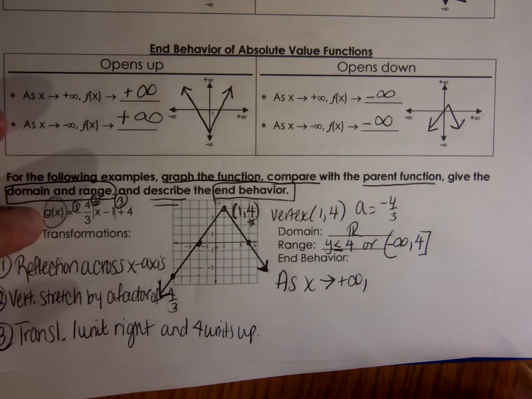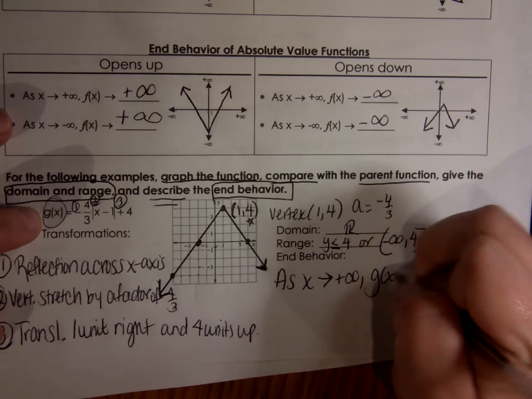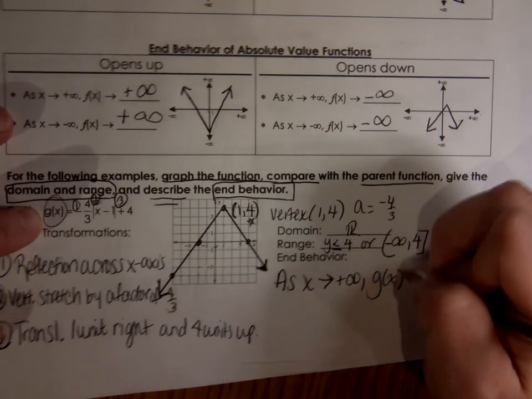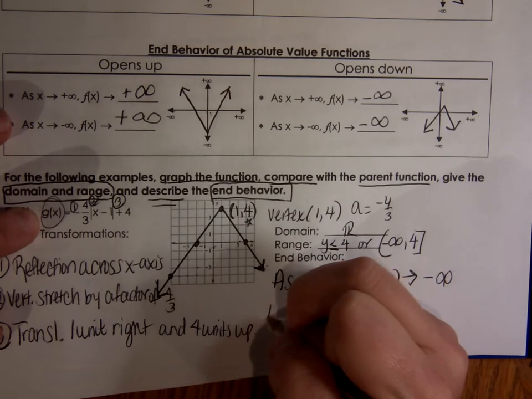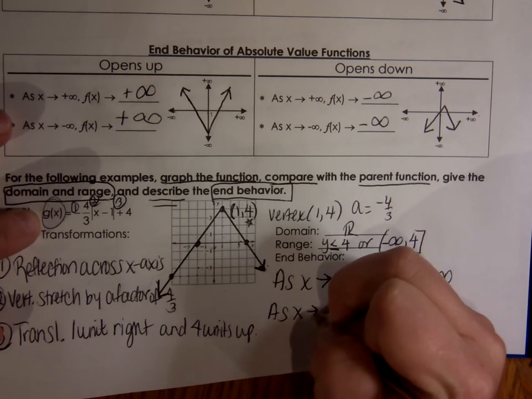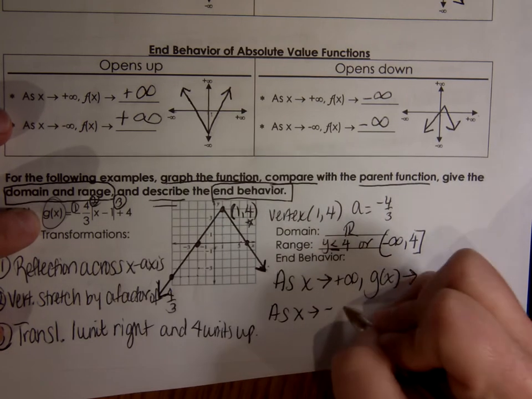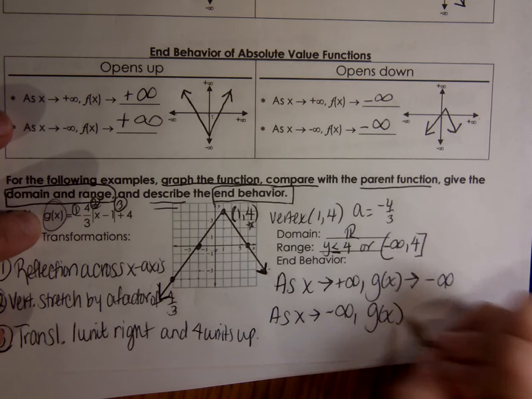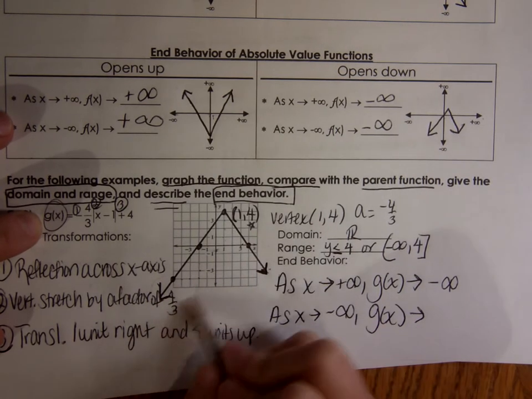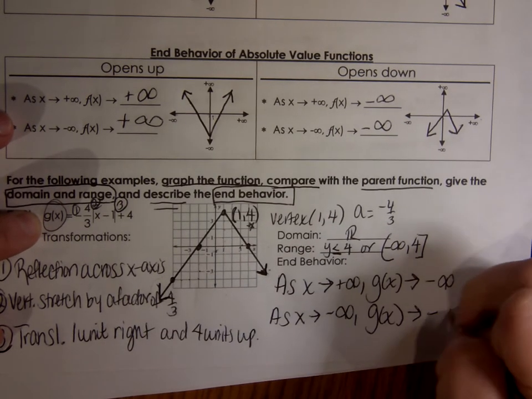In this case, it's called g of x. G of x approaches, we have an arrow pointing down, and that is negative infinity. Then as x approaches negative infinity, the other side of the graph, the left side of the graph, g of x approaches, we have an arrow pointing down once again, so it approaches negative infinity.